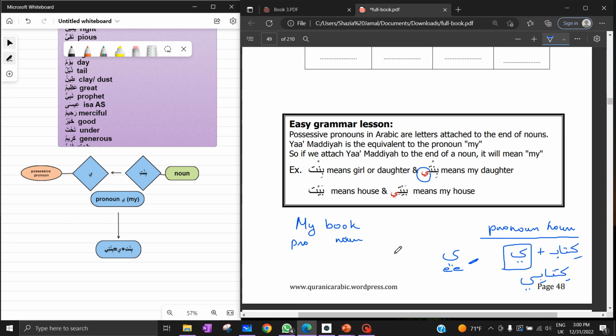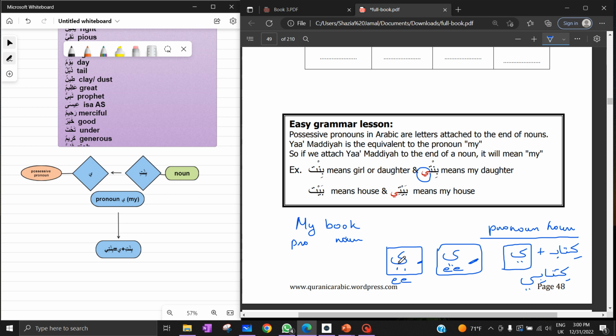What about the possessive pronoun ya? The possessive pronoun also looks the same. It also gives a long sound like double E, and they also come with kasra. But this ya is known as ya madiya, and this is known as possessive pronoun ya.